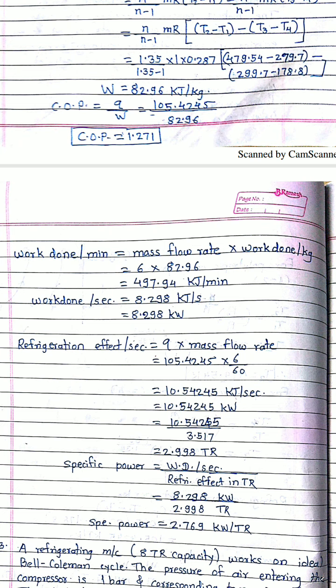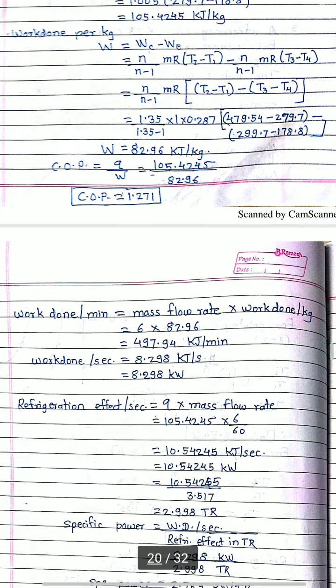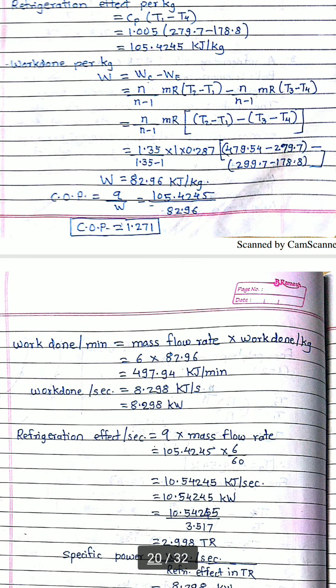Next, the refrigeration effect that we have calculated is for 1 kg. So mass flow rate is given here as 6 kg per minute. So here we will directly divide, 6 upon 60 into the refrigeration effect for 1 kg. So the entire refrigeration effect is 10.54 kilojoule per second, and kilojoule per second is 10.54 kilowatt.